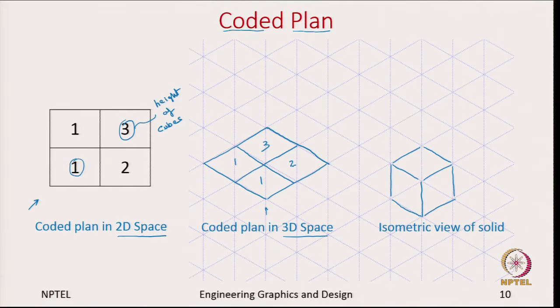Okay. To the right we said we have a cube of 2 units height. So, this is 2 units height. Okay. And to the left we have a cube of 1 unit.